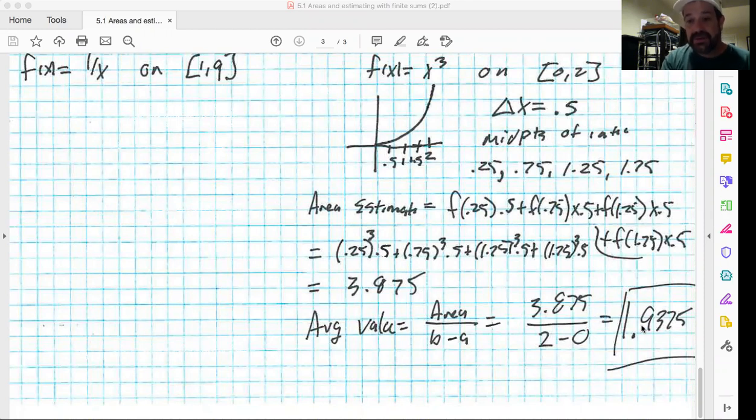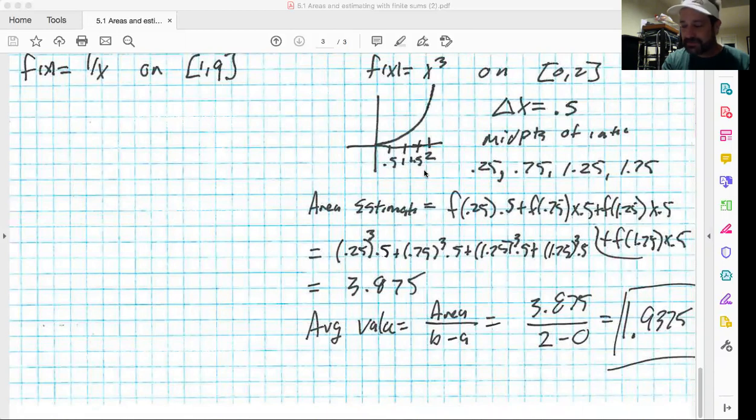So 1.9375, that is saying that is the average height of this curved function between 0 and 2. Because this is an estimated area, this is an estimate of the average value, but as we use more and more rectangles, we get a better and better approximation of what the true average value of this is.